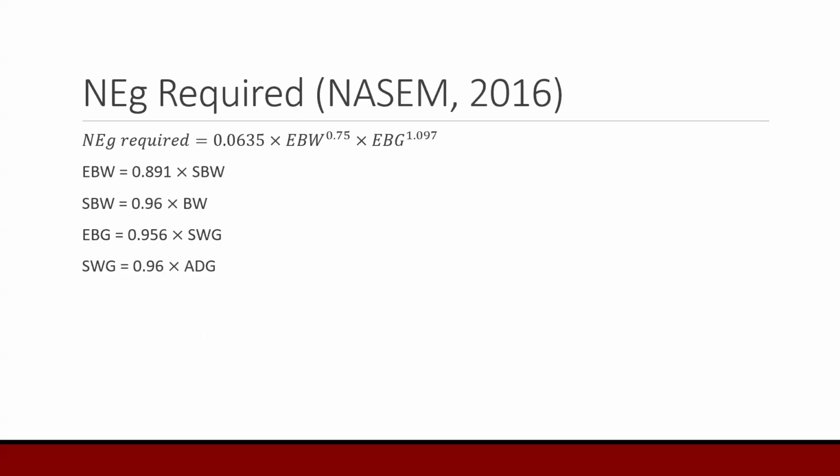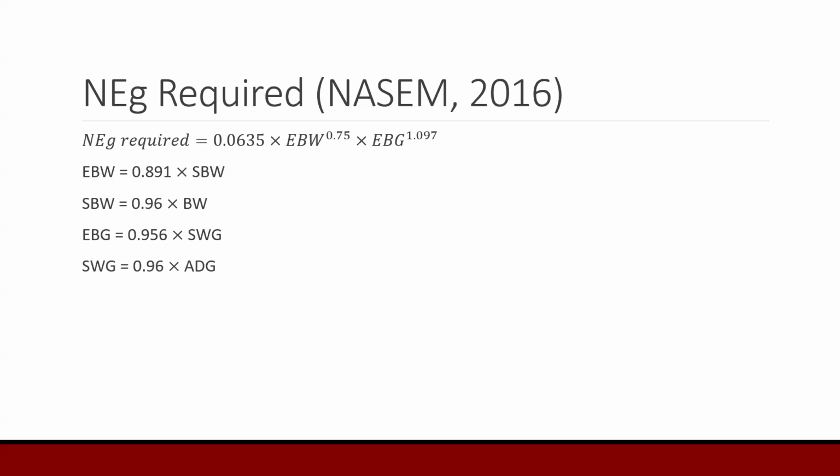All right. So NEG required, how much NEG is needed for a given body weight gain, is equal to 0.0635 times empty body weight to the 3/4 power, so empty metabolic body weight, times empty body gain to the 1.097 power.